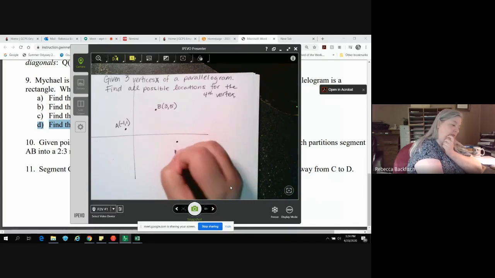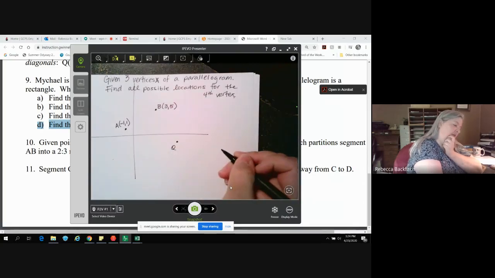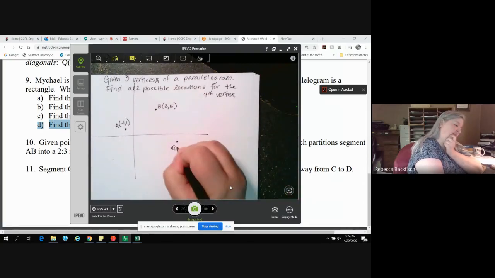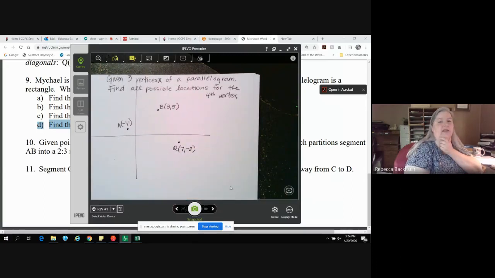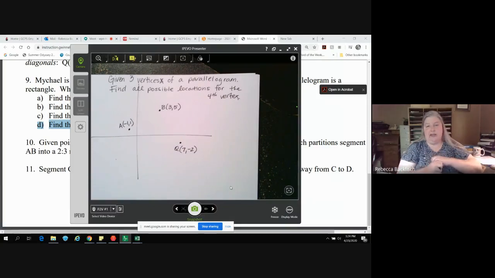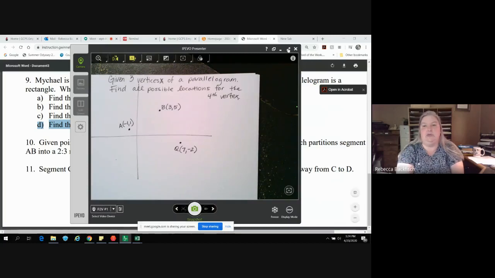They don't have to be in order. So I'm going to jump ship in terms of alphabet and call that Q is (7, -2). So you're trying to find another point that makes a parallelogram with those 3 points. And there's more than one possible answer. Let me give you some time to play around with that.